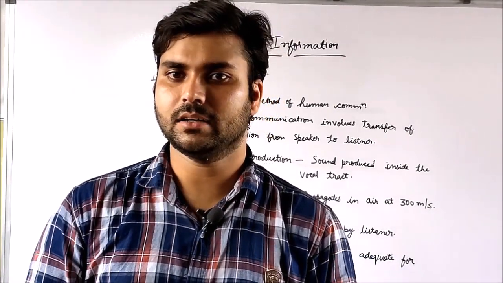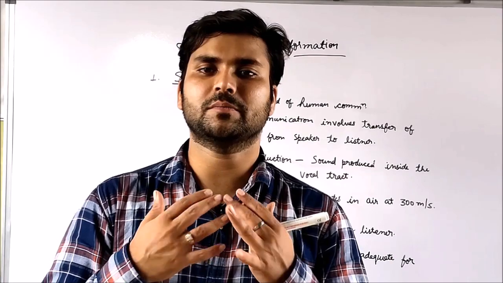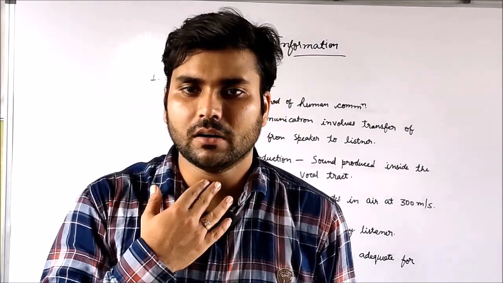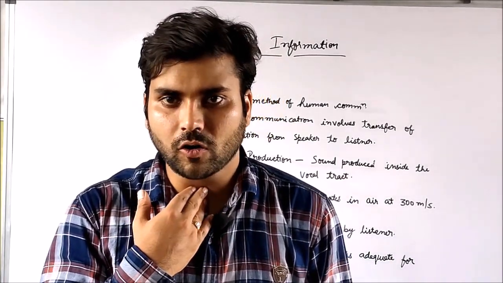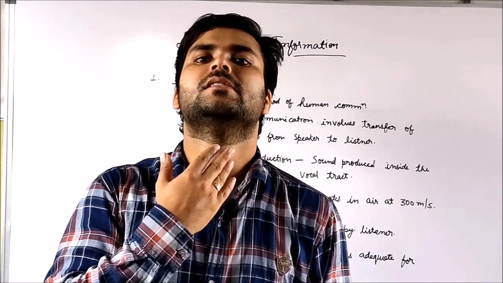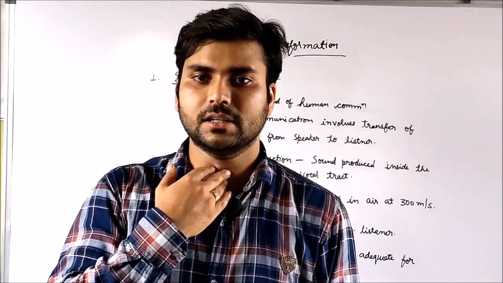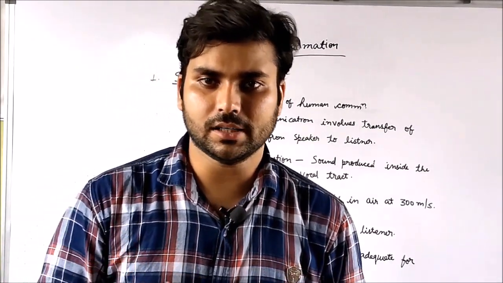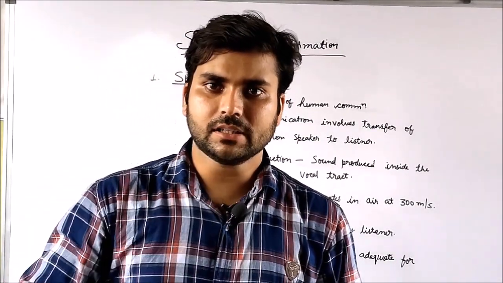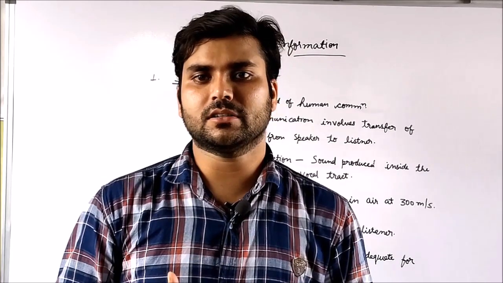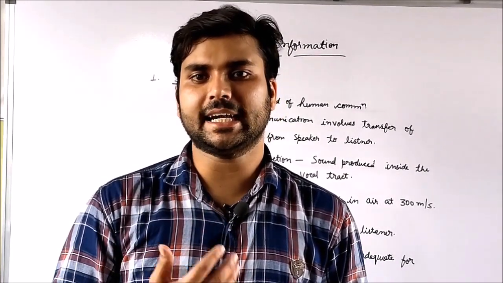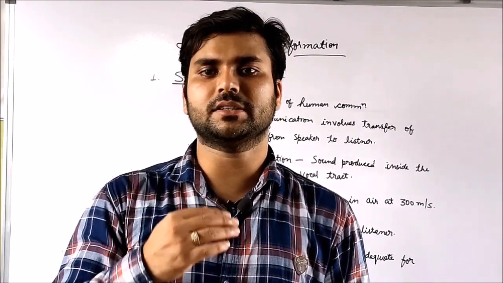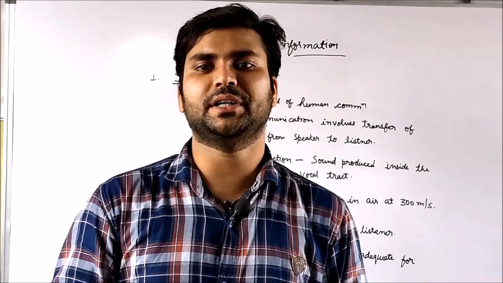I hope it is clear. So the sound is being produced from our vocal tract or vocal cord, and the vocal cord is the source of the speech signal from us. Our information, the speech signal produced by us, is being transferred through a medium.